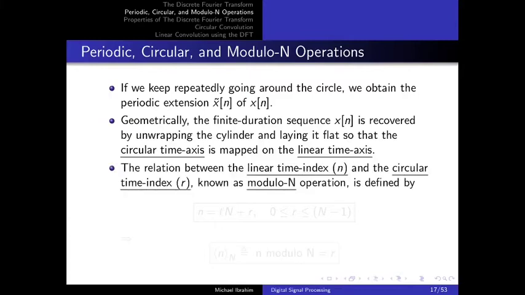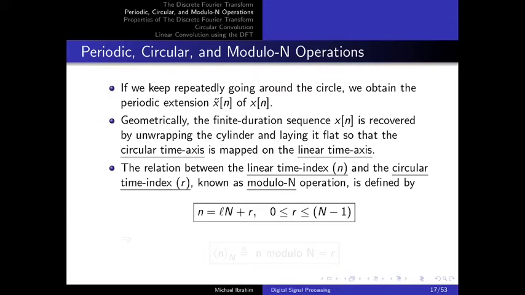So here we have two indices, a linear time index n and a circular time index we call r, and the relation between n and r is known as the modulo operation, which is defined as: if n, the linear time axis, is equal to L, which is an integer, times N capital, which is the period we have, plus r. r must be a positive integer going from 0 up to N minus 1.